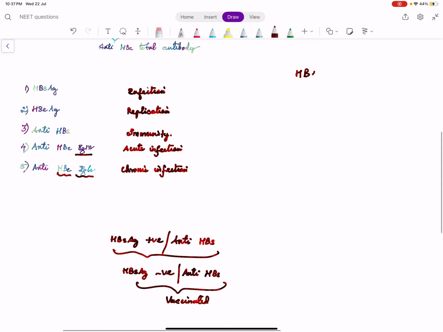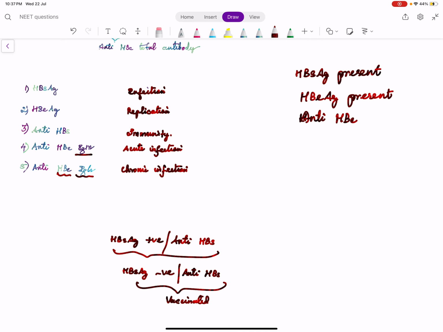For example, HBsAg is present, HBeAg is present, anti-HBc IgM is present. What does it indicate? When HBsAg is present, what does it denote?